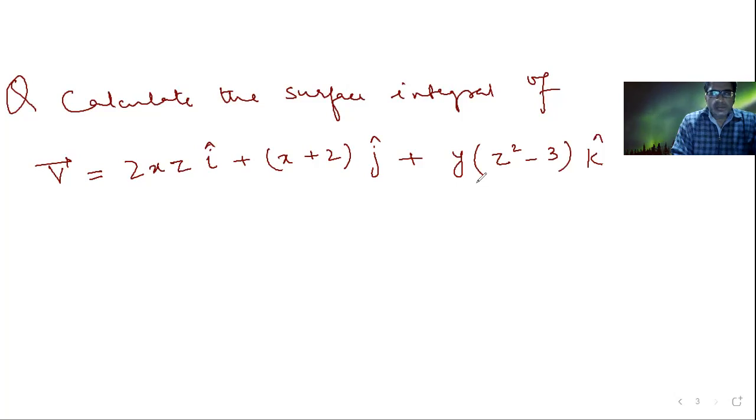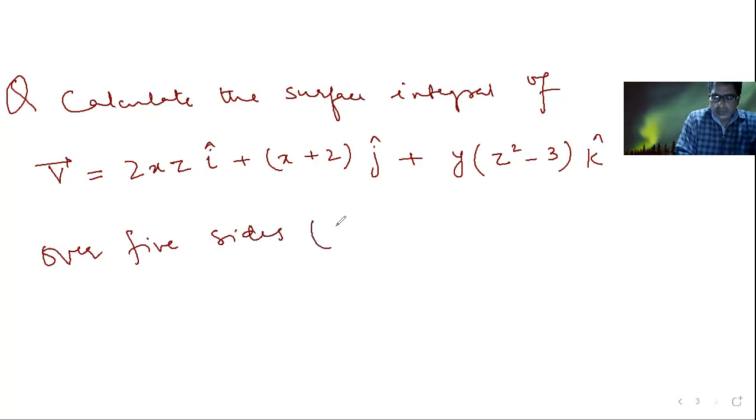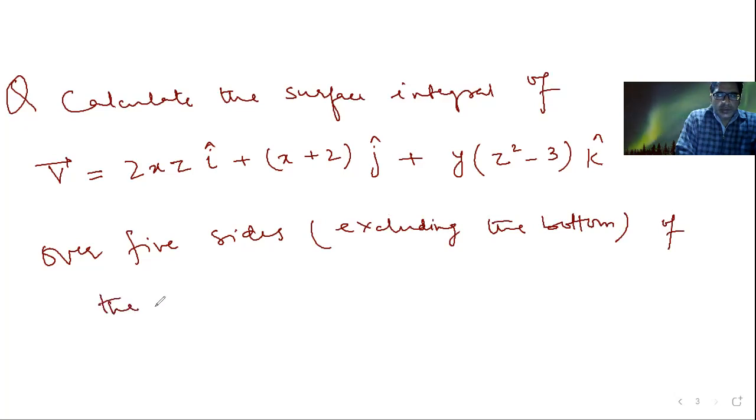Calculate the surface integral of V equal to xz i cap plus (x plus 2) j cap plus (y times z square minus 3) k cap over 5 sides, excluding the bottom of the cubical box.